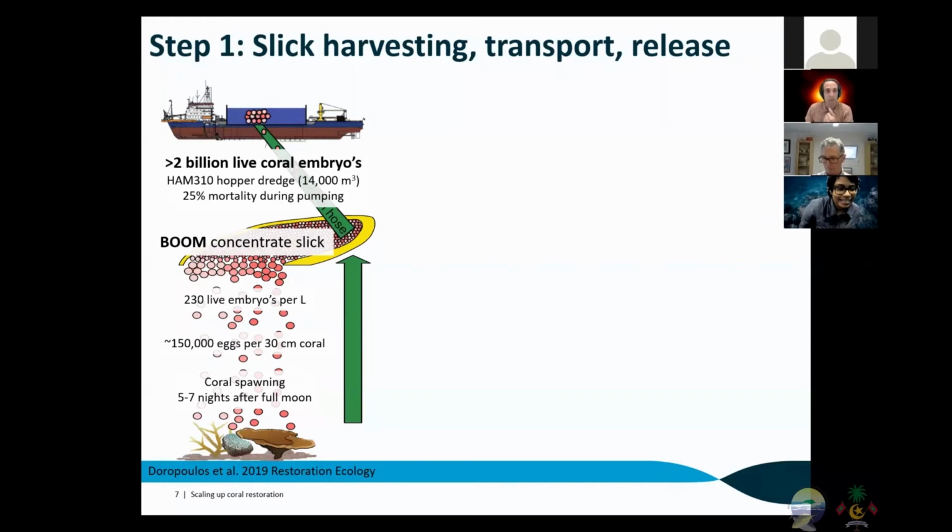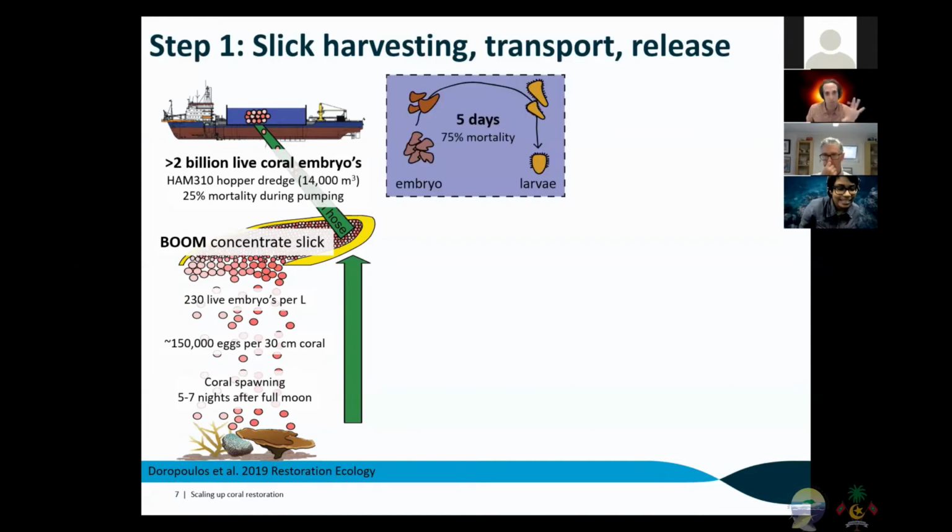So we assume that for quite a large hopper dredge, we could at least collect about 2 billion live coral embryos. So that's following fertilization. And we made an assumption that there'd be about 25% mortality from the pumping itself. We assumed about 5 days for the embryos to become competent larvae, and suffering a 75% mortality loss over that time.